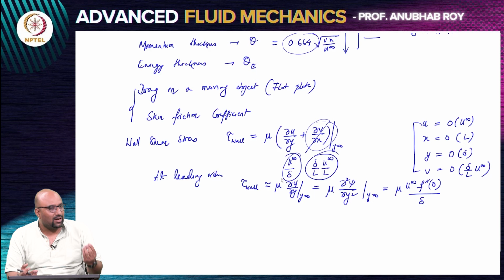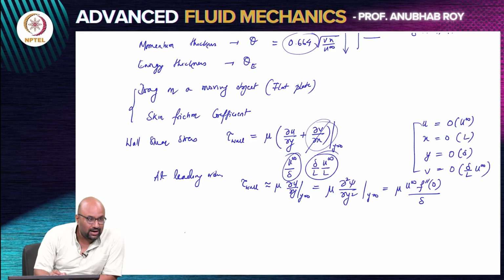But if you know the right way to use it, which is what we are doing here, that we didn't actually solve the problem, we took the plots, but we didn't do a numerical calculation during the lecture. So, if you do the numerical calculation, you will find what you have to calculate. But from the asymptotic calculation for small eta, which is the series solution, you will find that f double dash of 0 is 0.332.